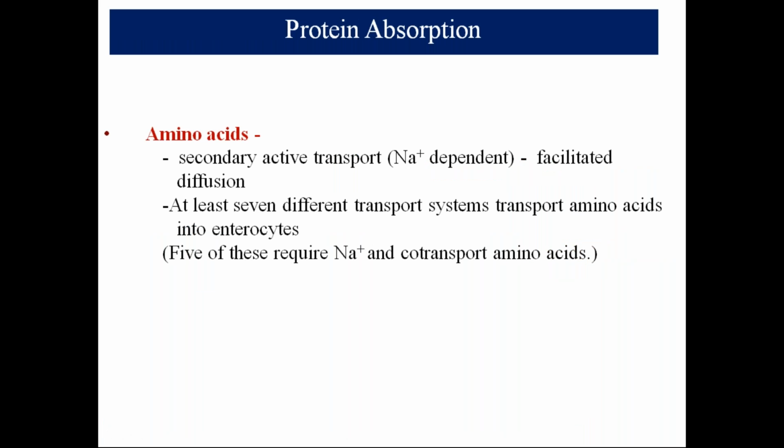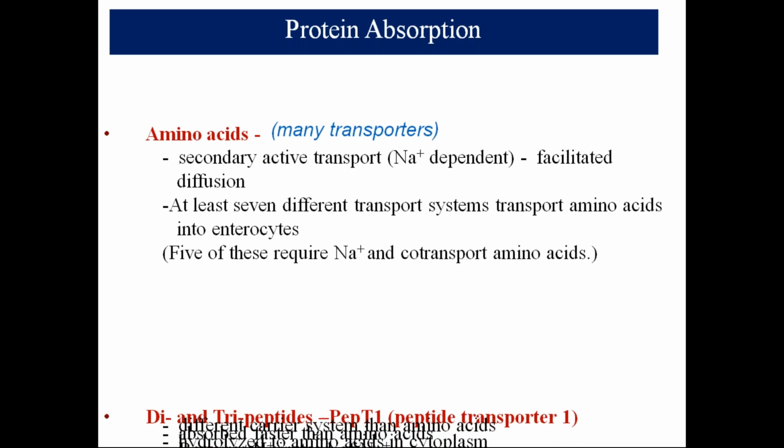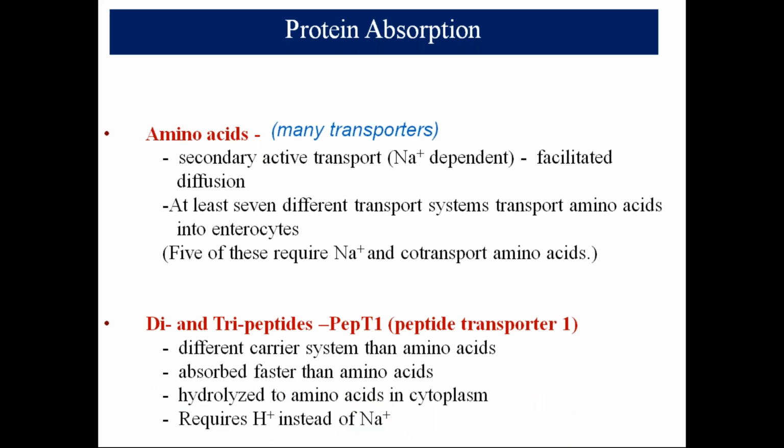So in the absorption of proteins, you have absorption of amino acids and you have absorption of di and tripeptides. For amino acids, it is secondary active transport, which is mostly sodium dependent. For di and tripeptides, you have another transporter, which is known as PepT1 or peptide transporter 1.